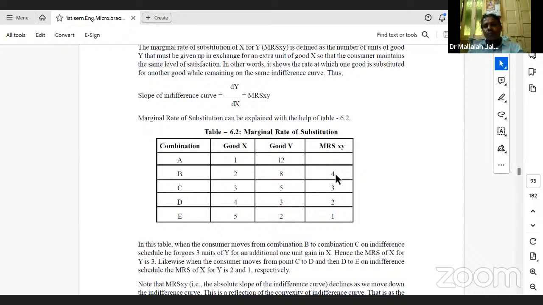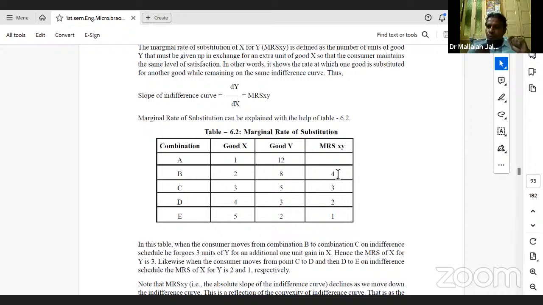So the marginal rate of substitution: how much is the variation from 12 to 8? It clearly shows 4 is the difference from 12 to 8. That we call the marginal rate of substitution. 1 is increased.